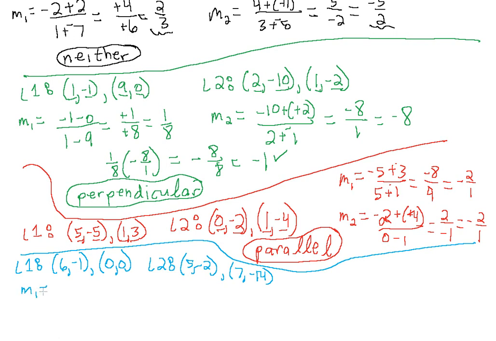M sub 1, the slope of line 1, is -1 minus 0 over 6 minus 0. This one's pretty simple because we're going through the origin. So two of our terms are 0, and we just have -1 over 6 for the slope of line 1. M sub 2 is -2 minus a -14 divided by 5 minus 7.